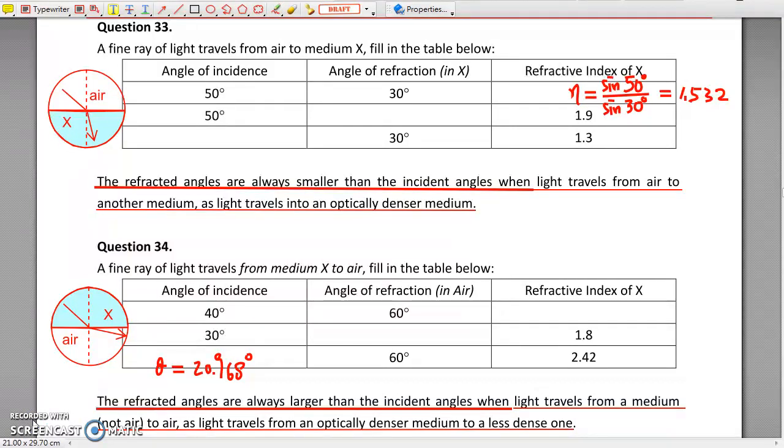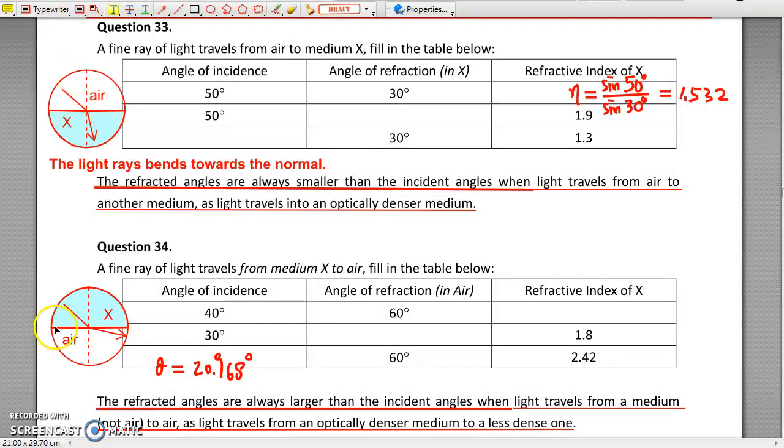From these two questions, we may have the following observations. When light travels from air to another medium, or from one with lower refractive index to another with higher refractive index, then the refracted angle is smaller, and so the light ray bends towards the normal.